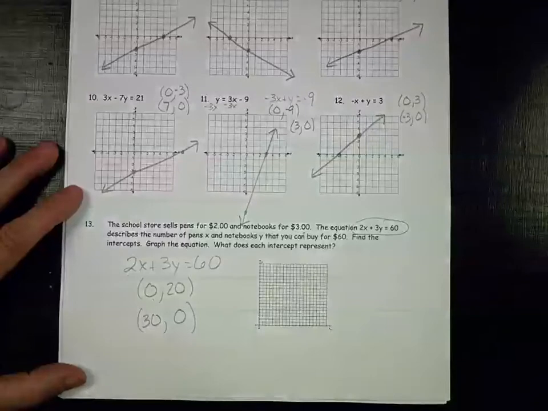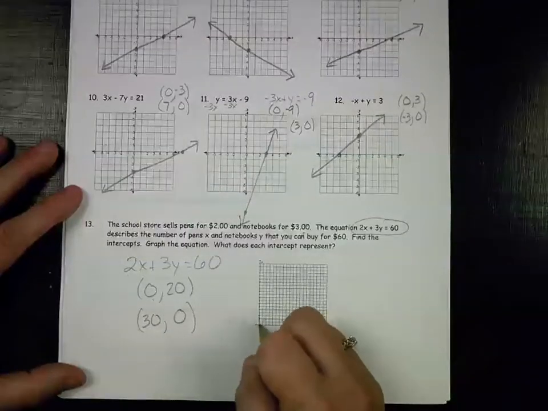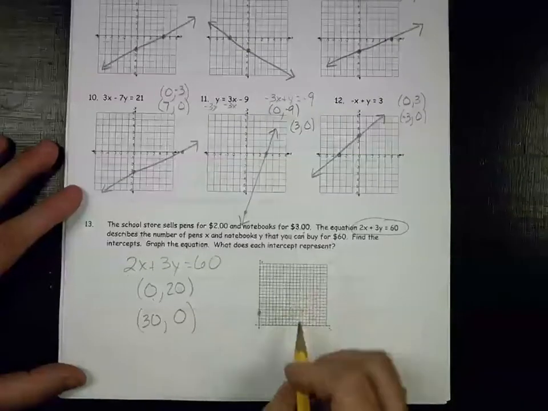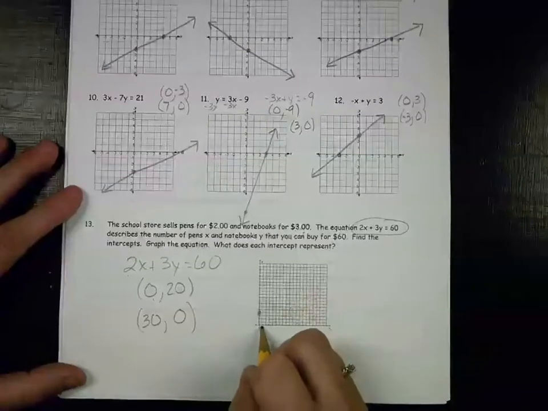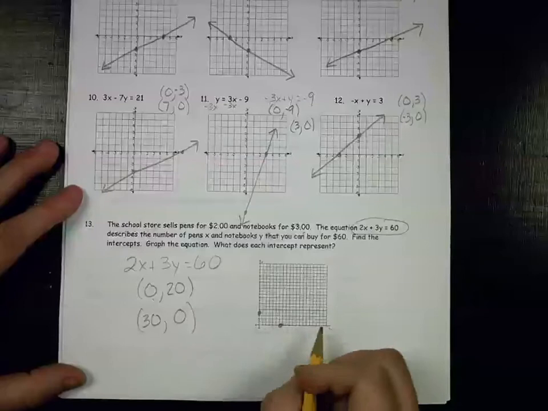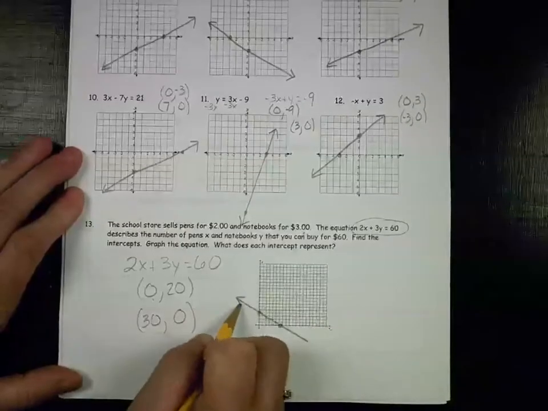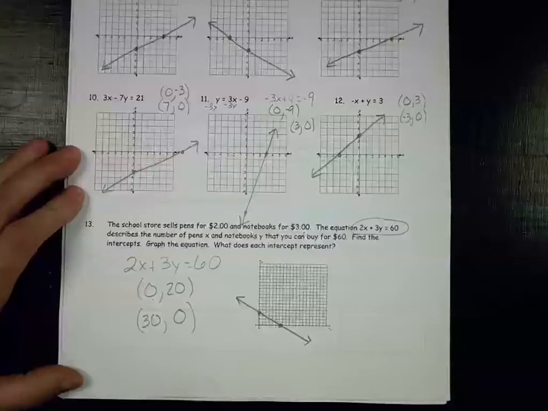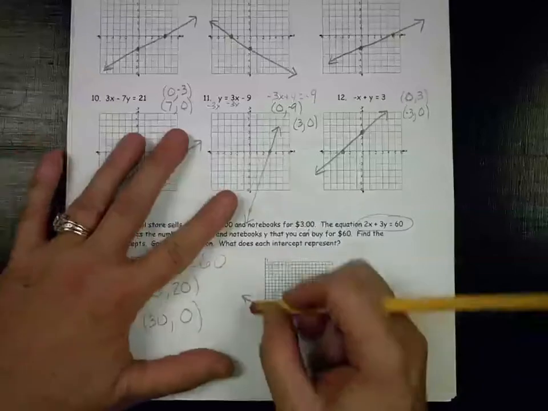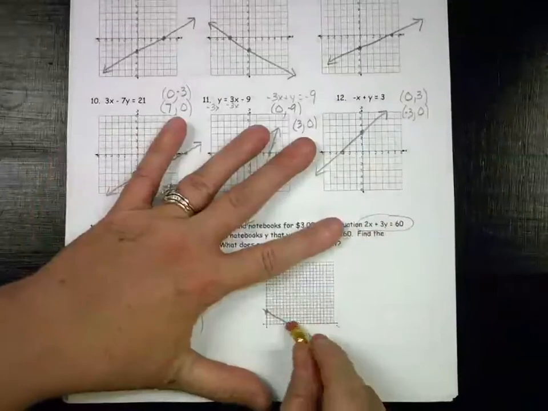So I'm going to have these each go up by 5. (0, 20) would be 5, 10, 15, 20. And (30, 0) would be 5, 10, 15, 20, 25, 30. I don't want to count all the way to 20 and 30 on that graph. And actually, we technically shouldn't have a line in here because you can't buy negative notebooks.